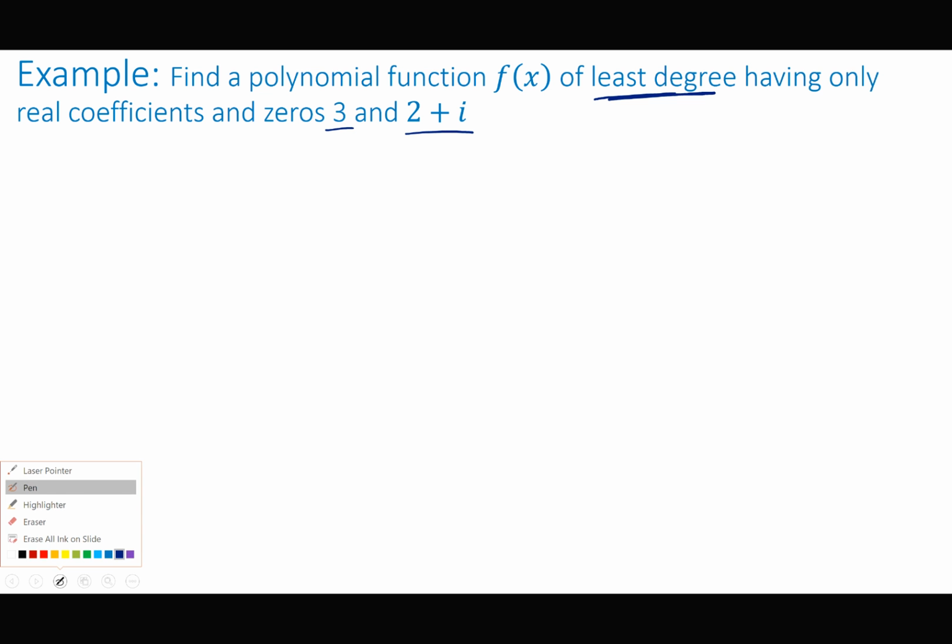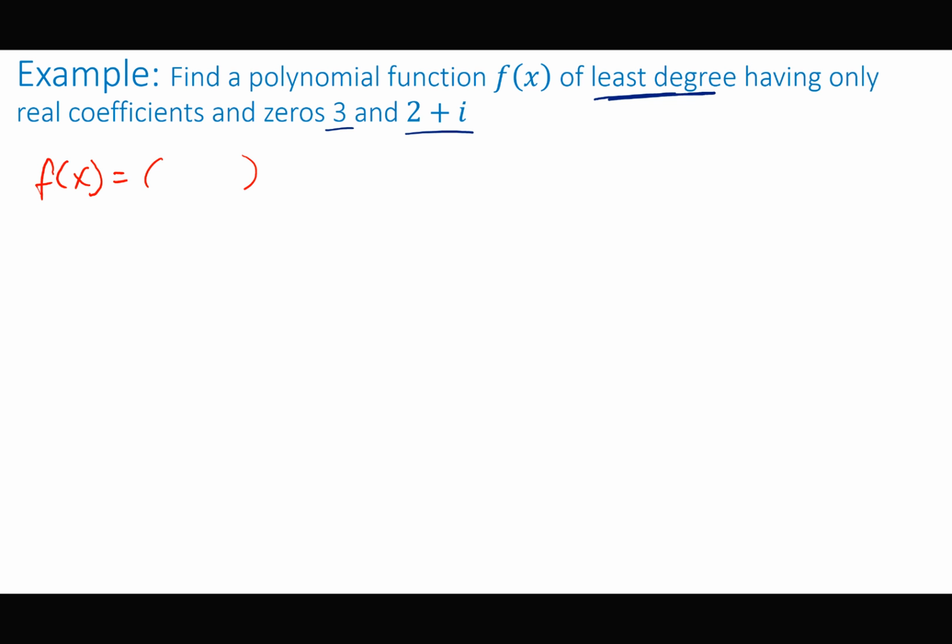Okay, so I'm going to have my polynomial, we'll call it just f of x. We're not going to have any a value because they didn't give me an initial condition, like the last one that said f of negative 2 was negative 18. There's no initial condition on this one, so we're not going to be able to figure out what a is. So we can jump right away to the zeros.